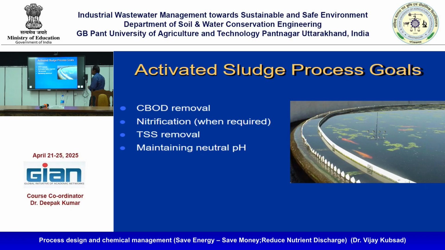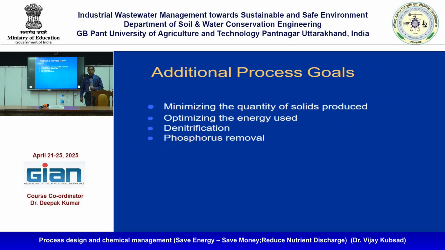So BOD removal, nitrification, TSS removal, maintaining neutral pH for the activated sludge process. You should optimize under what circumstances it is efficient, correct? Then minimize the quantity of solids produced. First you produce, and then you find ways to treat it.